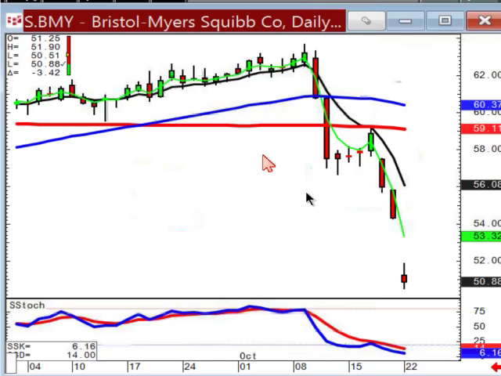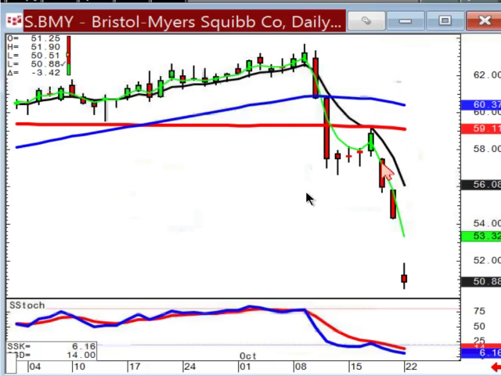Possibly a bearish kicker signal. So if you were long and you saw it gap down below the previous day's open, what's the first thing you should do? Close it immediately. Exactly.